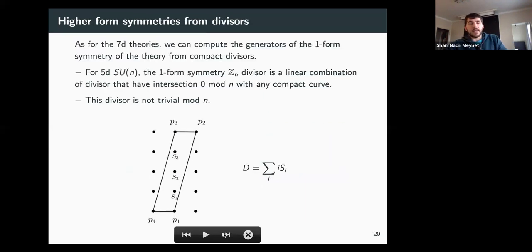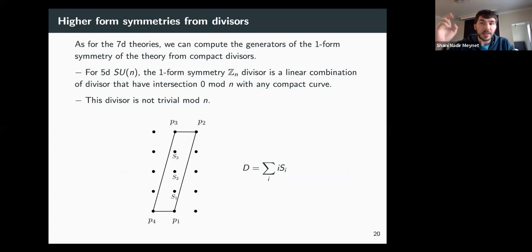Before that, let me say that even in 5D, one is able to define a so-called one-form symmetry divisor. So you just have to, in this context, let the compact 4 cycles intersect the curve inside the geometry, and this is how you define the charge of an M2 brane with respect to the divisor.